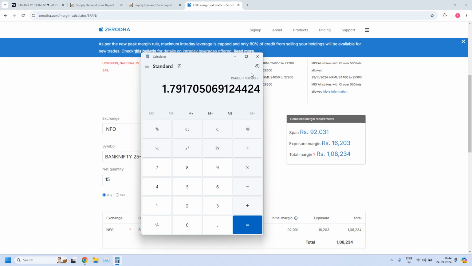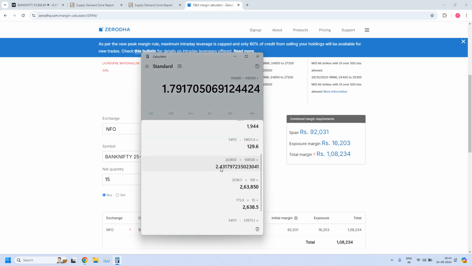And earlier, how much ROI did we get? Earlier 2.4%, and this is 1.8.